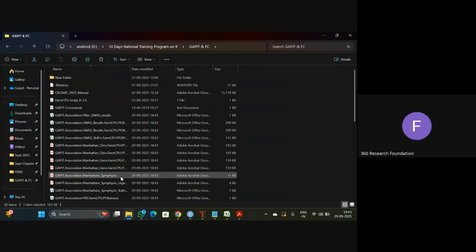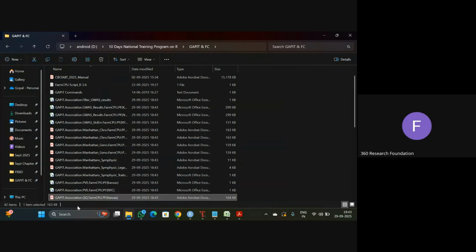So the next terminology is MAF. What is this MAF? Minor allele frequency? Yes, it is minimum allele frequency, that means minor. What is meant by minimum allele frequency?